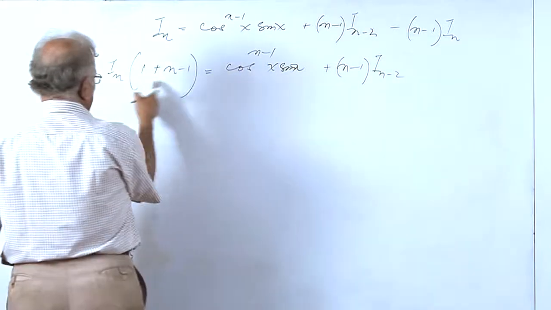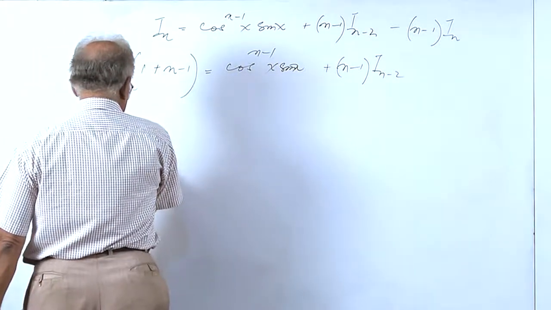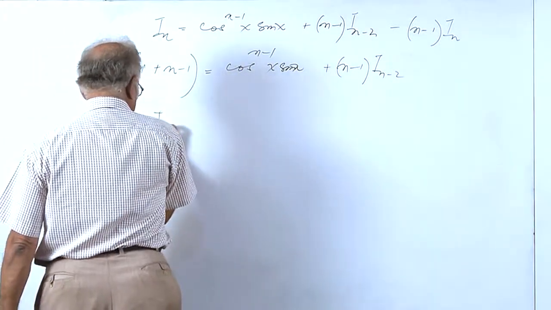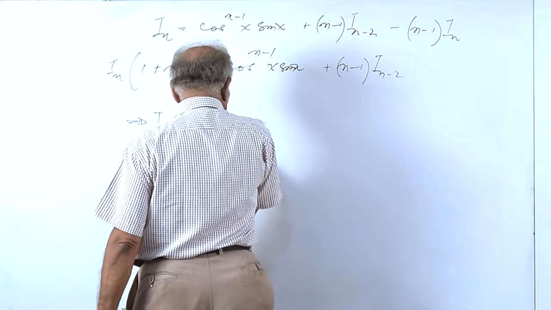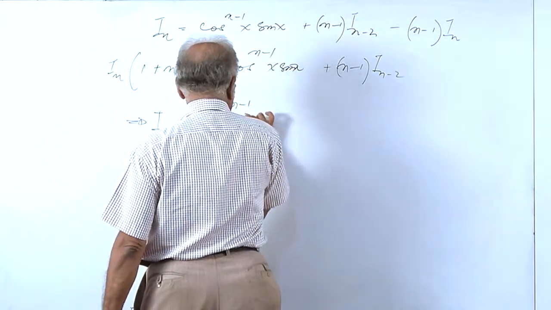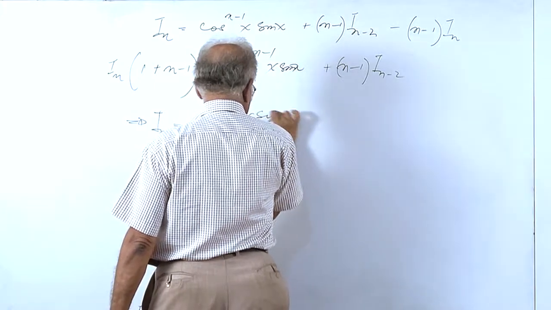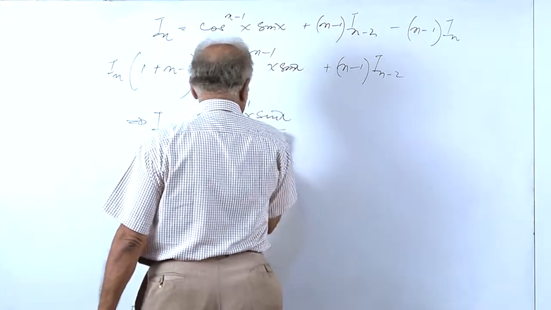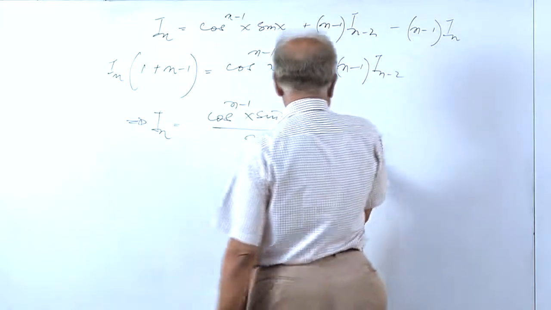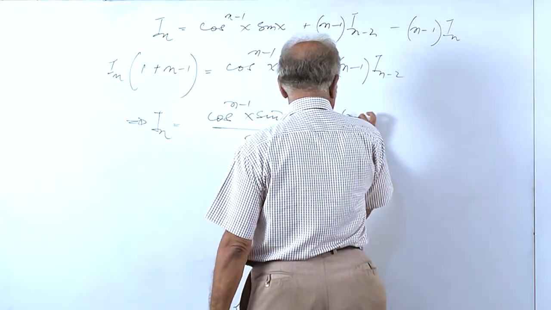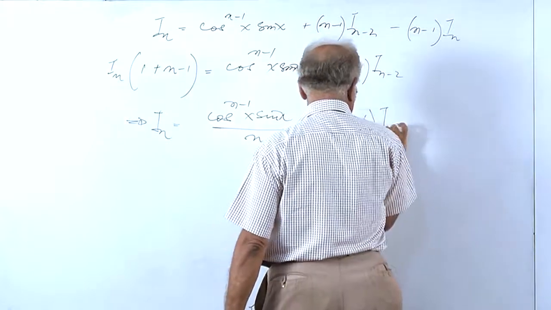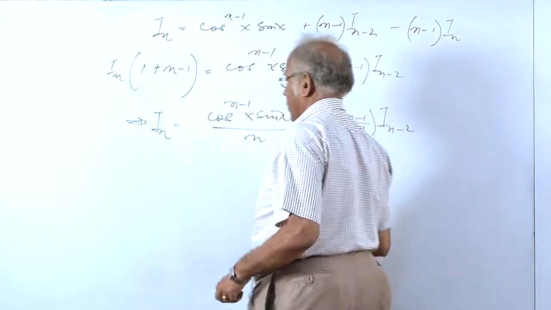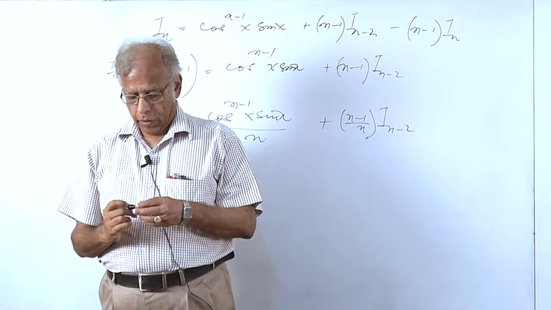Now this is n I sub n, this implies I sub n is equal to cos to the power n minus 1 x sin x divided by n plus n minus 1 by n I sub n minus 2. There we are.